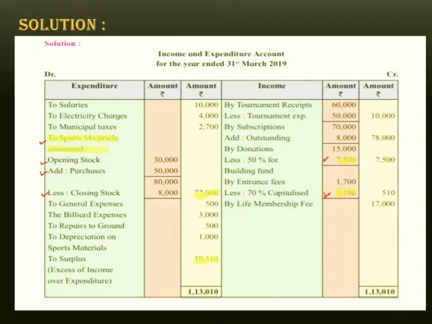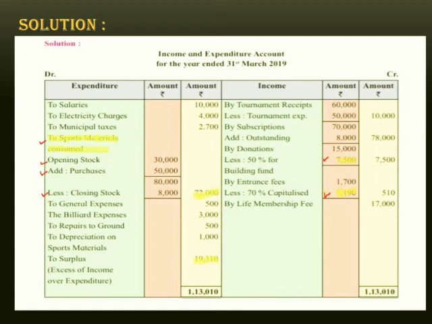So which amount we should consider? The amount which is received during the year, that is 2018-19, is the 70,000. That we will write down in the income side in the inner column because there is adjustment related to that.